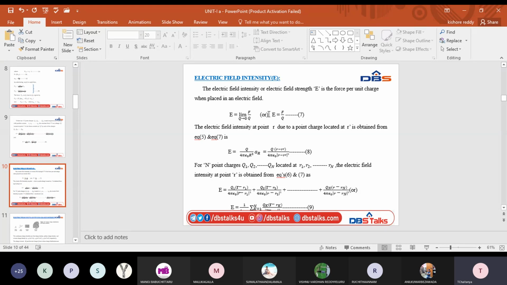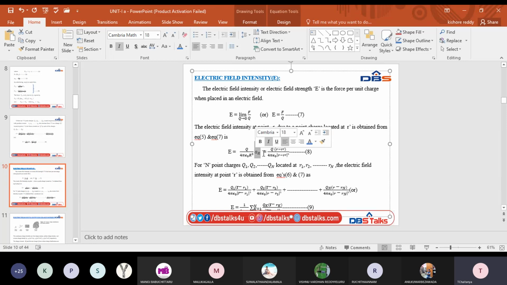Then E becomes Q divided by 4 pi epsilon naught R square into aR, where aR is the unit vector. We know that the unit vector is R minus R dash divided by the magnitude of R minus R dash.